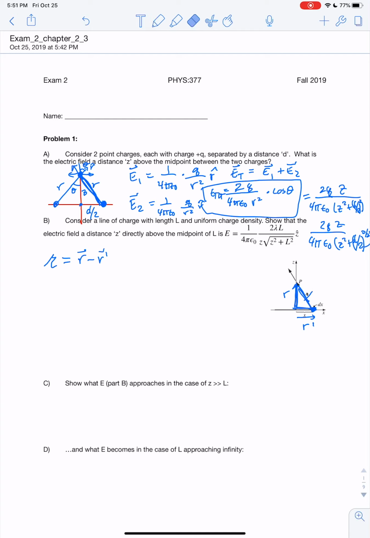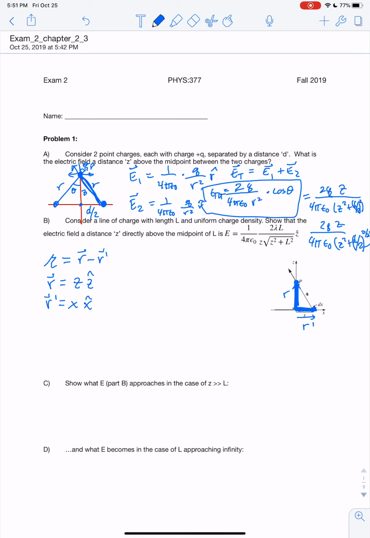Okay, and then we know that little r, this pointing vector to that point, is z, the length of this vector, times z hat, and then r prime is equal to the length here, x, to that point. Okay, x to that, not dx, x hat.